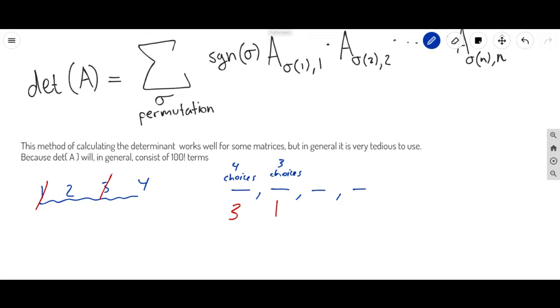And now in the next position, you have 2 choices left. You can either use 2 or 4. Maybe you decide to use 4. Okay, and then you're forced to use 2. So that will give you one possible permutation, 3, 1, 4, 2. And in the last position, you only have one choice.